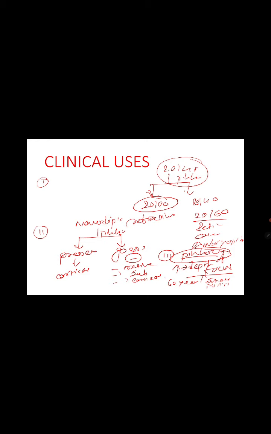This third clinical correlation is so important, that pinhole is directly related with depth of focus, and it enhances the depth of focus. So pinhole is also used in binocular vision. That you have to read. I forgot at this time how and in which particular case pinhole is used in binocular vision.